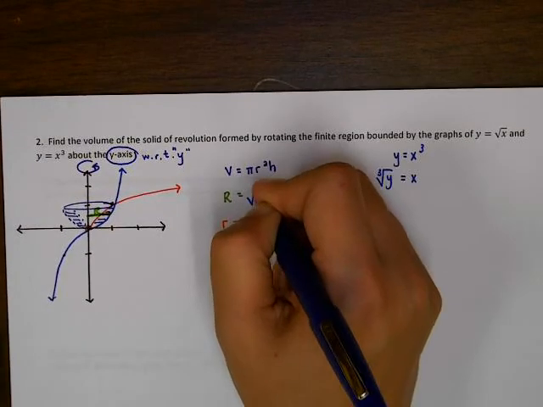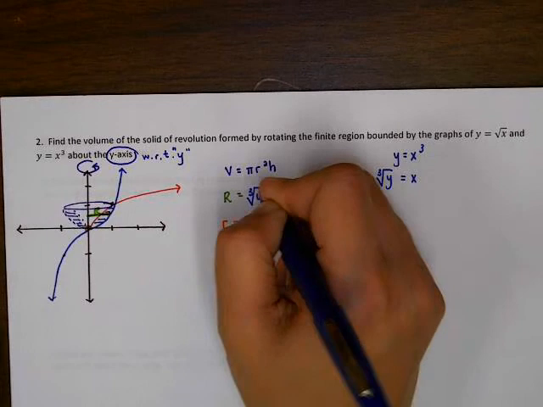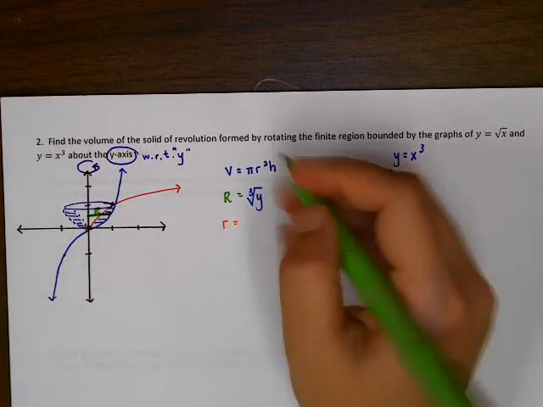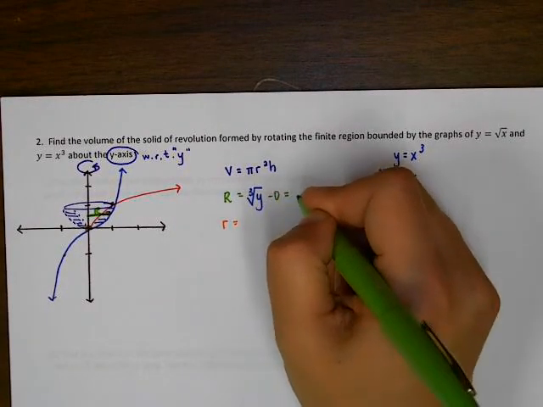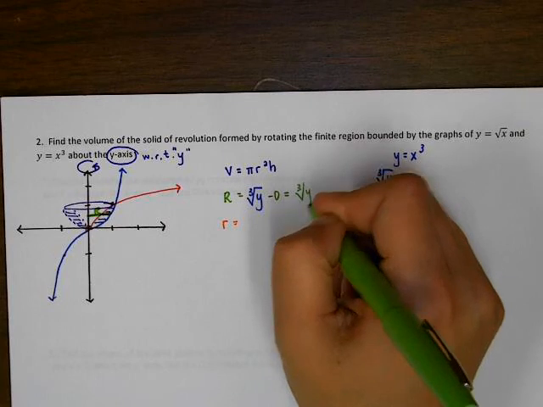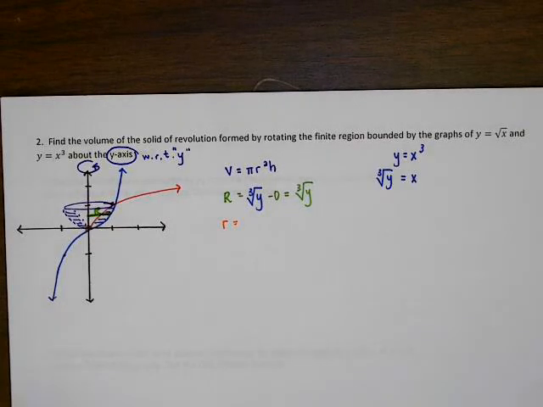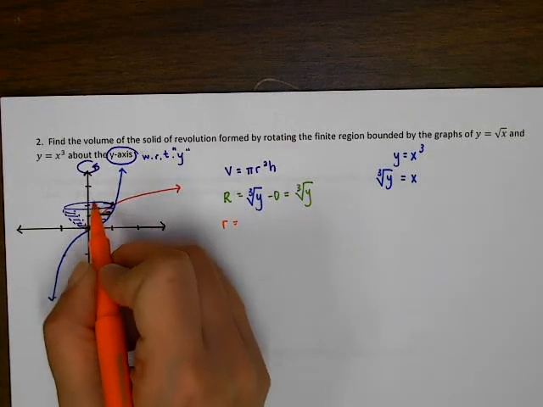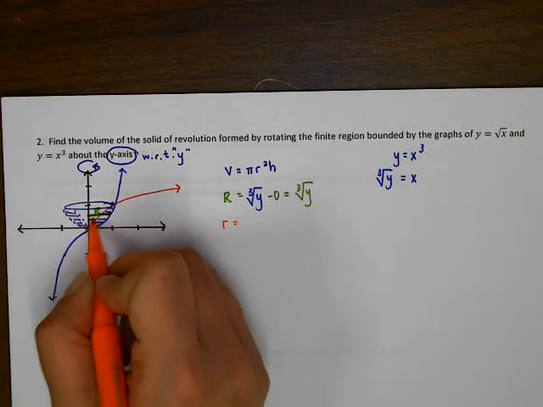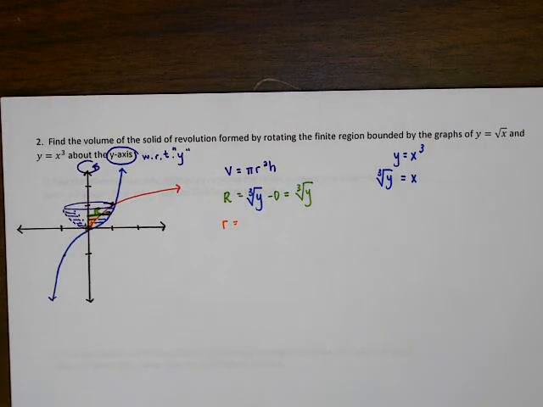And I would use the cube root of y minus 0 as my function here, because I want everything to be in terms of y. Now little r here would be this from the axis to the inner edge, which is just the red function. So the red function here is the square root of x function.